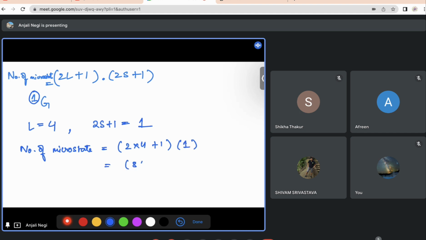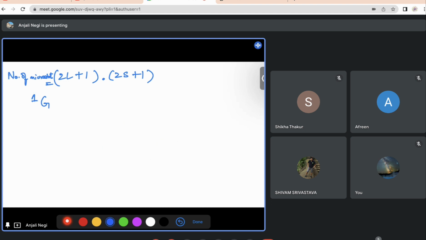That gives 8 plus 1 into 1, which is equal to 9. So the correct answer for the number of microstates in the term 1G is 9.